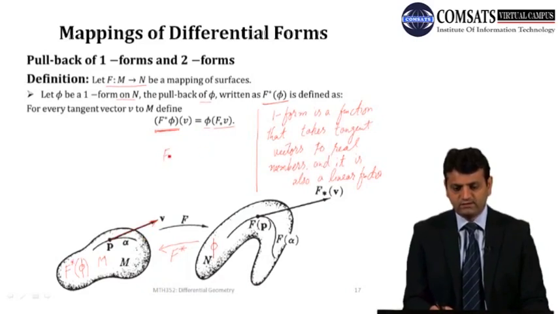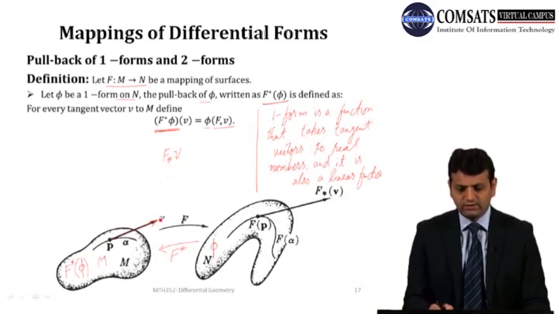Now if we see what is f lower star of v, this is the image of this vector v under the tangent map. So what is the tangent map doing? Tangent map of this mapping f takes tangent vectors of m to the tangent vectors of n.